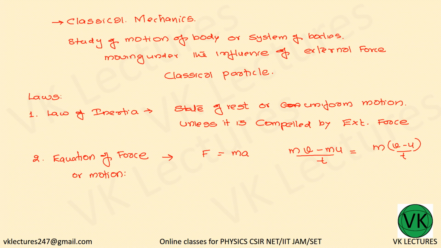So a is equal to (v minus u) by t, and m is the mass. Or you can write dv by dt, the change in velocity. So we can write the force F is equal to m dv by dt, or the rate of change of momentum p. So F is equal to dp by dt.